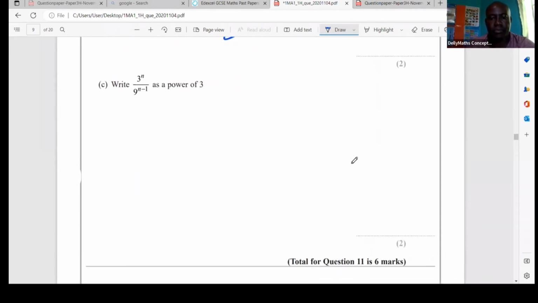Let's look at this one. Write 3 raised to the power of n over 9 raised to the power of n minus 1 as a power of 3, which means that we're going to be writing the answer as 3 raised to some power. So this is where we are heading.